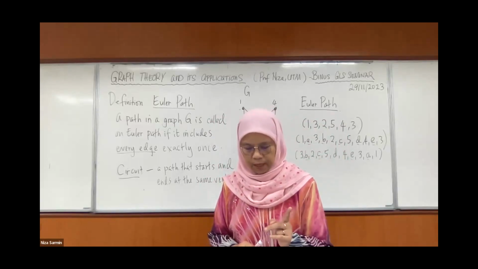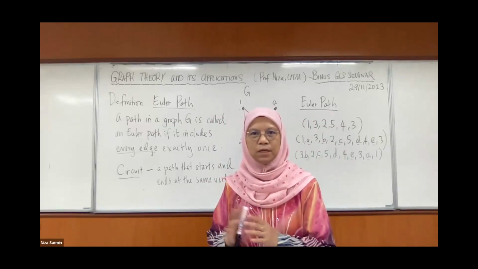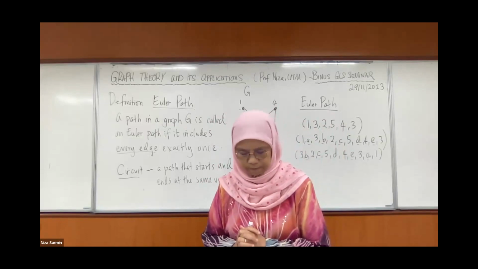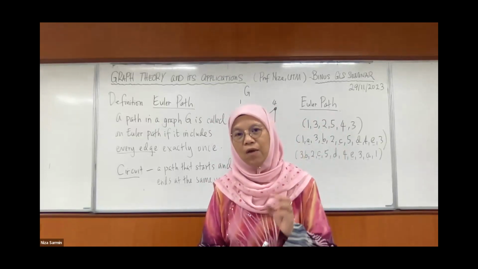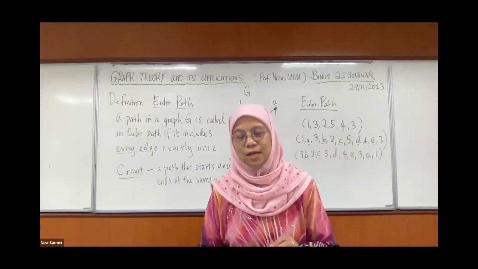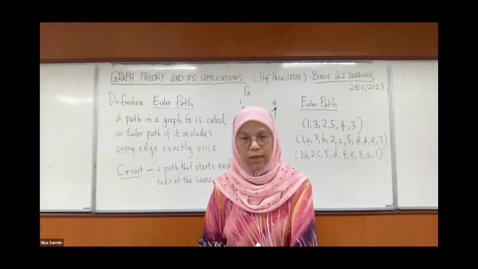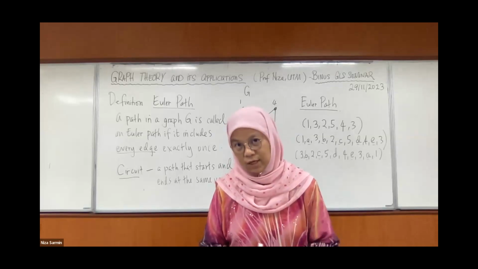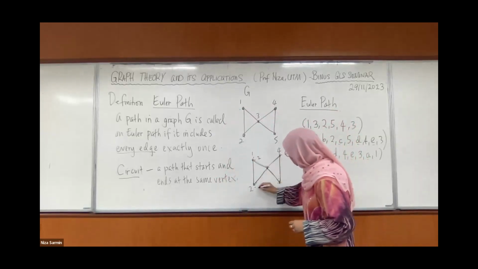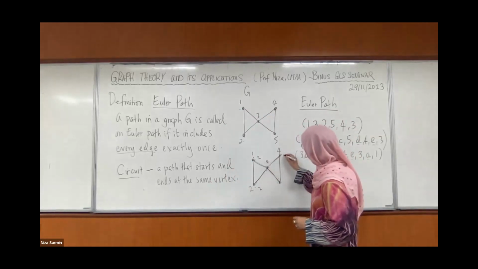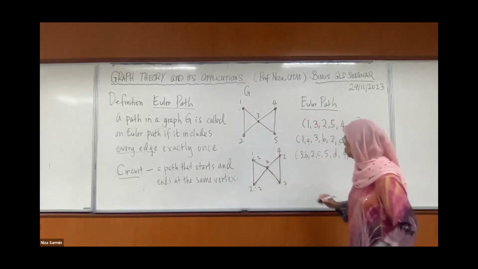Just now, my example didn't give one for this one. If in a graph every vertex has even degree, like this one, the degree is 2, the degree is 2, the degree is 4, the degree is 2, the degree is 2.